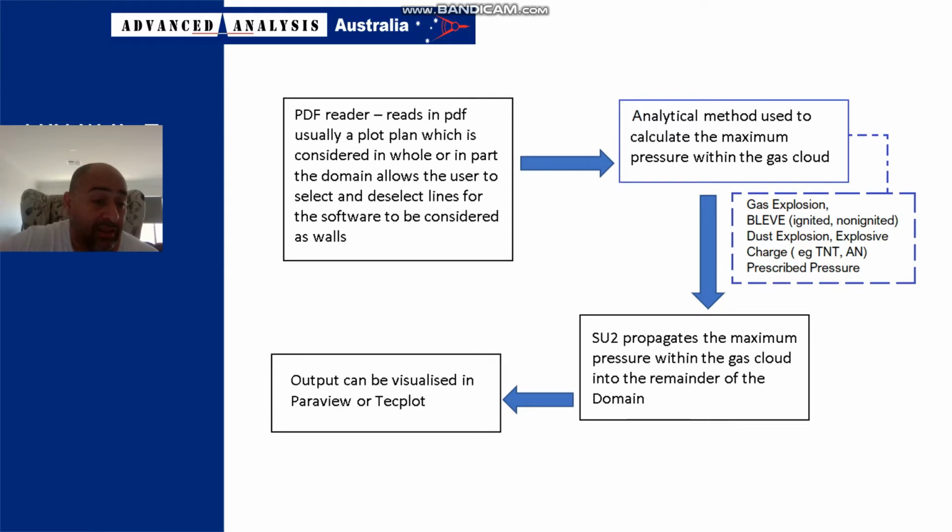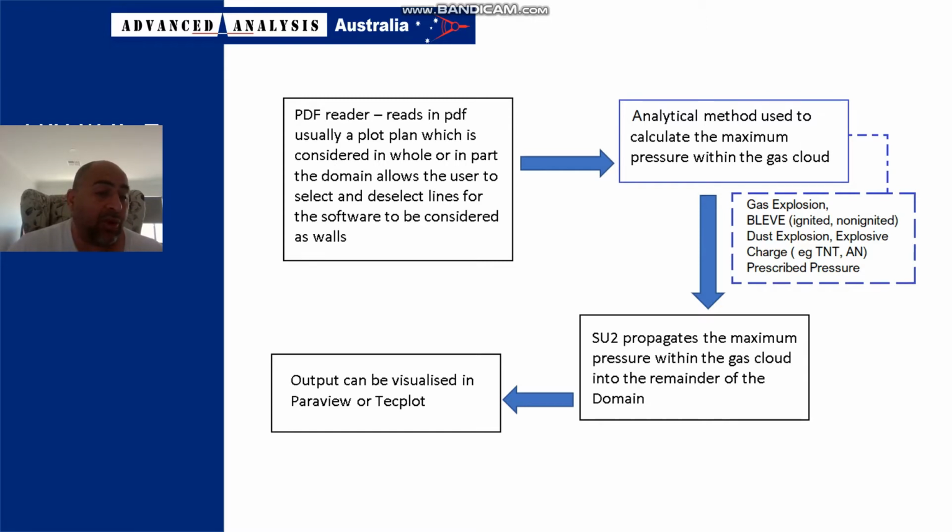You could do a TNT equivalent explosion if you're doing something like ammonium nitrate or an improvised explosive device, like a terrorist activity type of device. Or you could do a dust explosion where you put in the KST and the gas cloud. Or you could even prescribe a pressure. For example, a common problem in mining is the explosion of tires.